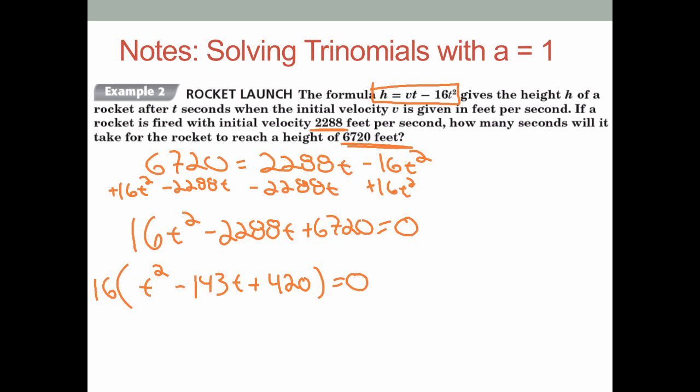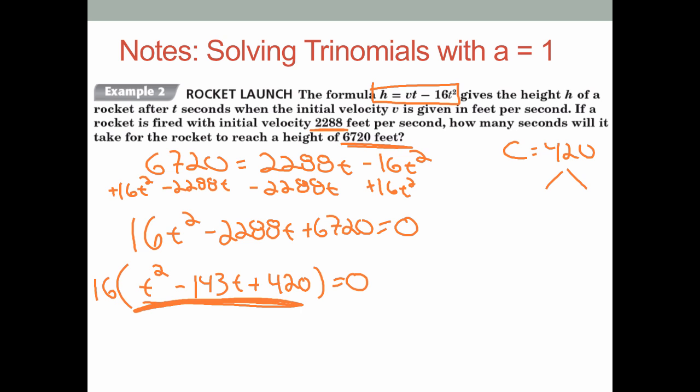Now the fact that I factored out this 16 eliminates it. So now I'm just looking at this single equation, and I don't have to factor in the 16. And it means that the c, in this case, equals 420, and I can break that down.